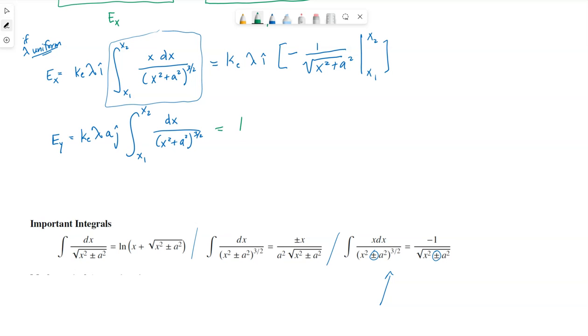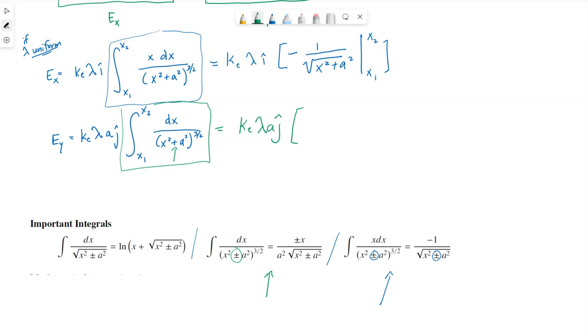Similarly, for the y component, we have our constants, and then we look for this integral. This one matches the middle integral. So our result, again, the plus or minus signs are based off of what we have in the integral. We have a plus.